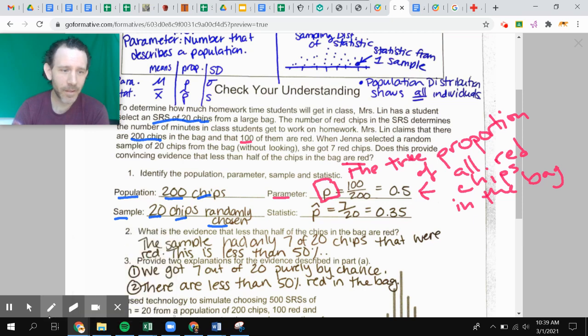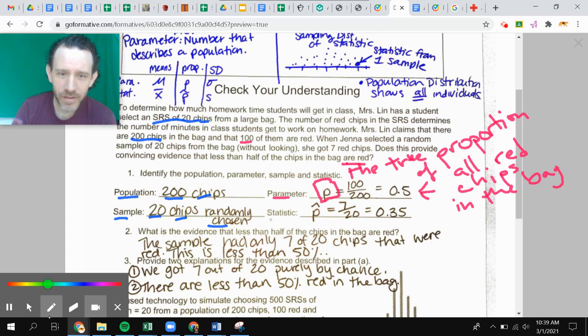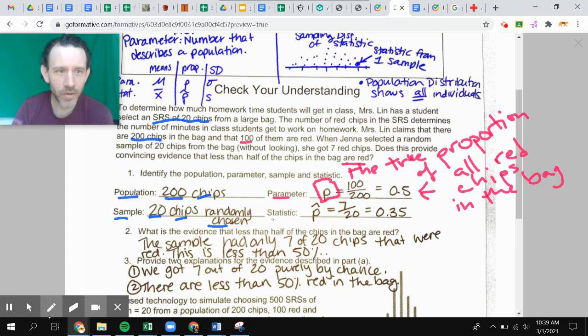All right. And then we can now look at the statistic, which is what we would be talking about for the sample. So what was the outcome in our sample? We have the statistic. Well, first of all, what's the correct symbol? Since we're dealing with proportions, that's P hat. Very important, right?